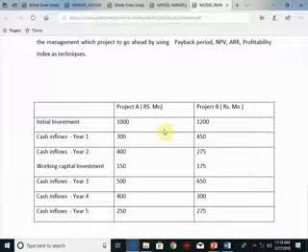If the discount rate is 10%, based on this we should be able to calculate the discount factor. The discount factor is calculated as 1 divided by (1 plus i) to the power n, where i means the discount rate. In this question, i means 10%.